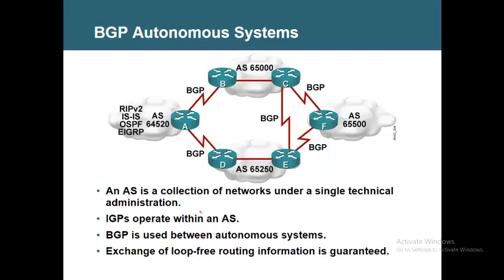Whereas IGPs are protocols that work within an autonomous system, like ISIS. ISIS works within an ISP. Of course, an ISP is an autonomous system.